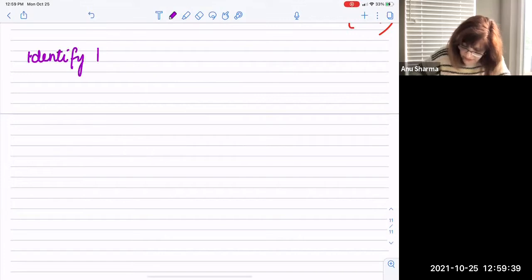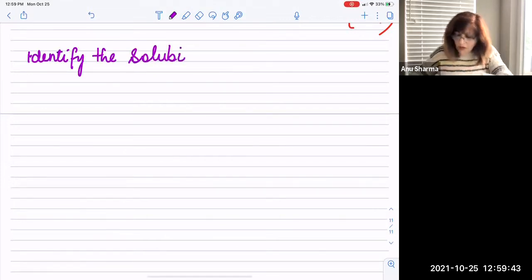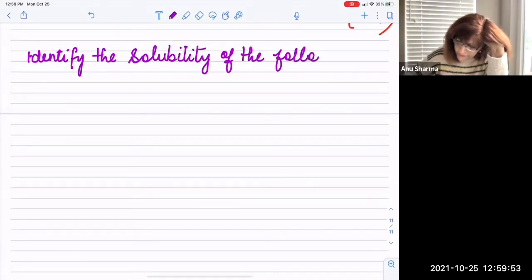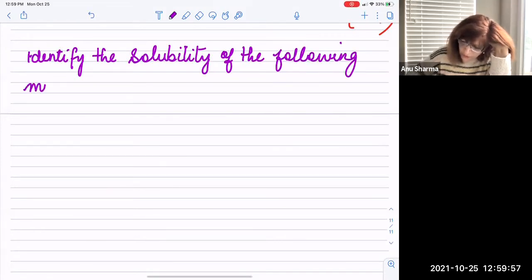Okay. Now, the kind of questions that can be asked, we can give you some of these questions, like for example, identify the solubility of the following molecules or following compounds.